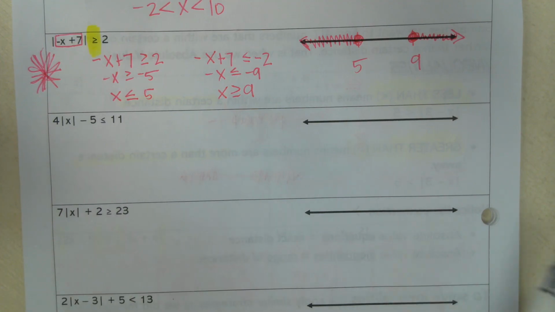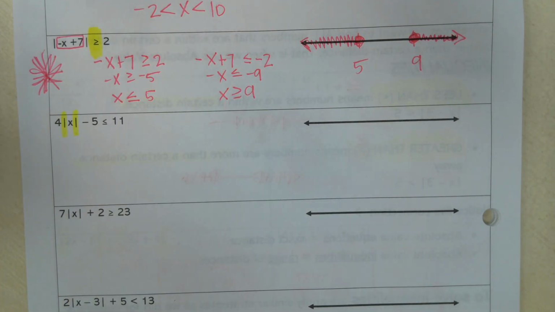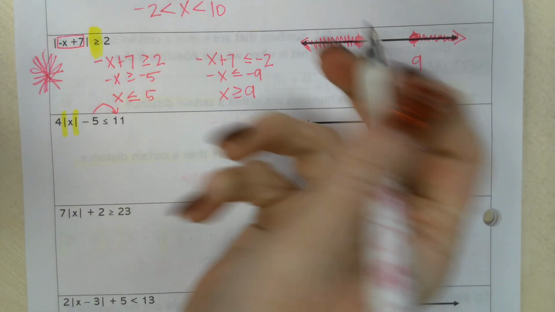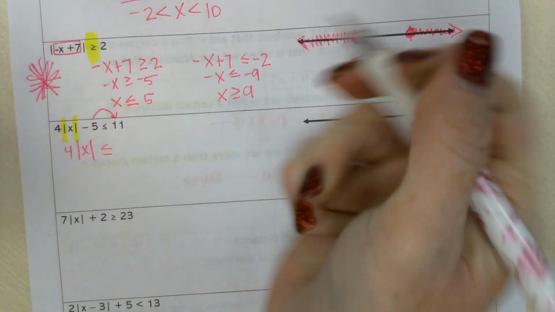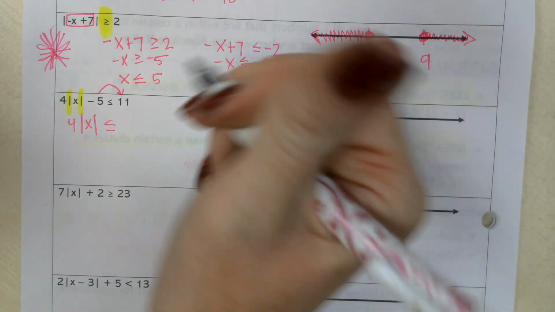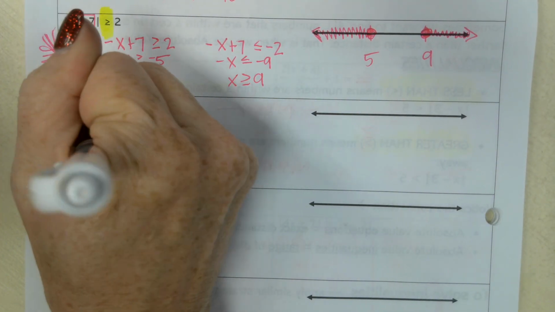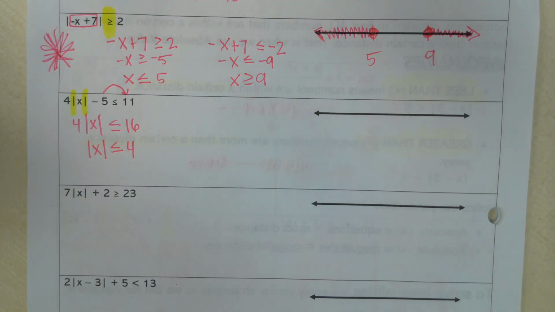All right, now, take a look at this real quick. You have stuff on the outside of your absolute value bars. That's a problem. We got to isolate it. So I'm going to move the 5. I'm going to start with the 5. That's 4 times the absolute value of x is less than or equal to what? 16. Okay? And then I divide by 4, and that's going to give me the absolute value of x is less than or equal to 4.